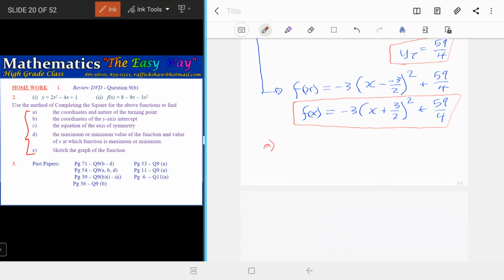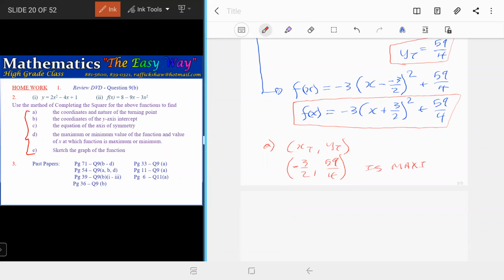Now let's do it this time. It says the coordinates and nature of the turning point. The coordinates are xt, yt. And the xt is negative 3 over 2, and the yt is 59 over 4. That's your turning point. And this is a maximum turning point.